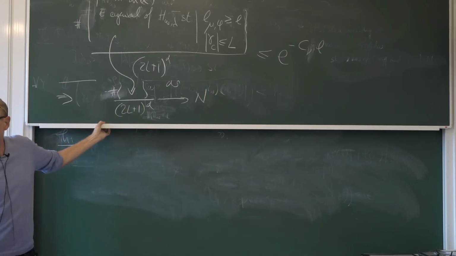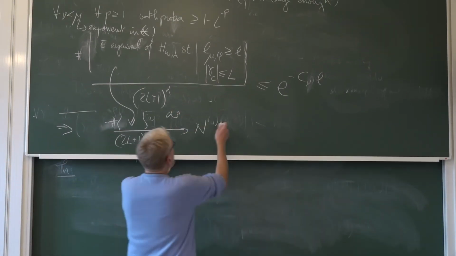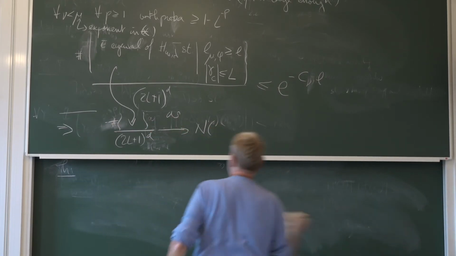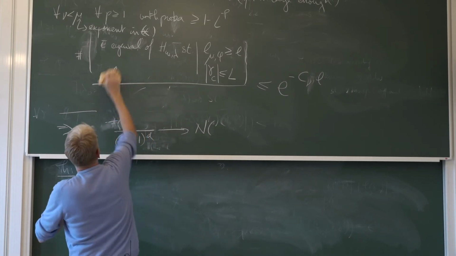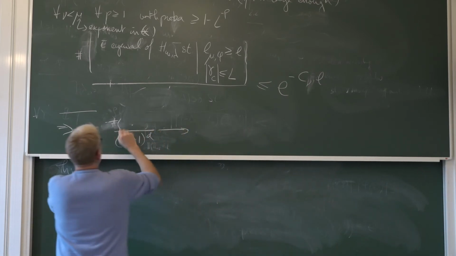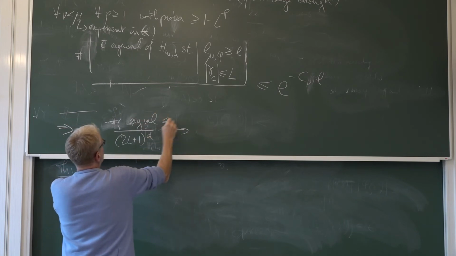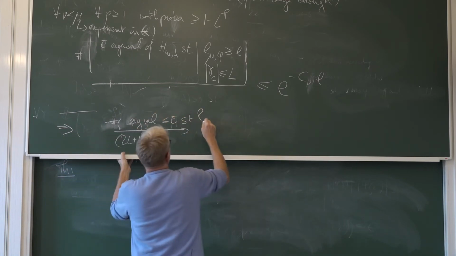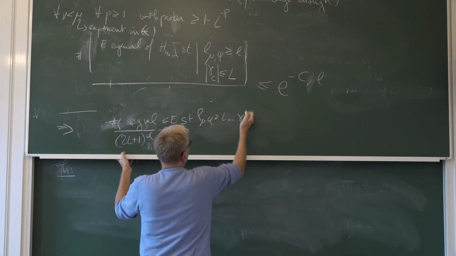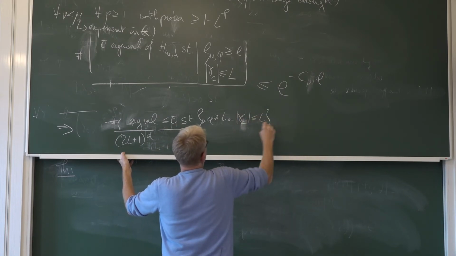Which is not the density of states, it's the density of states with restrictions on the localization centers, right? So you don't take all of them, you take only the ones, not exactly this because otherwise there's only one number left, but what I want is I'm going to take the eigenvalues less than E such that L mu phi is larger than L and gamma phi, or gamma C I called, is less than L, right?